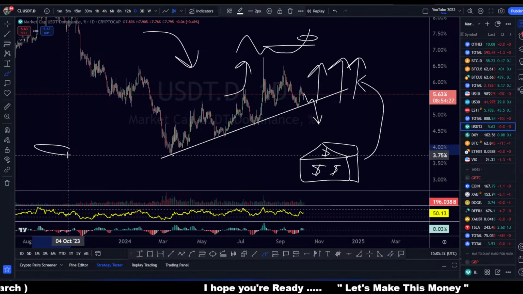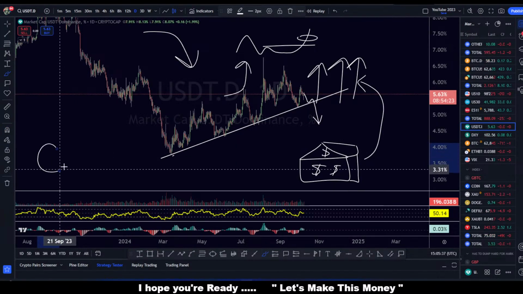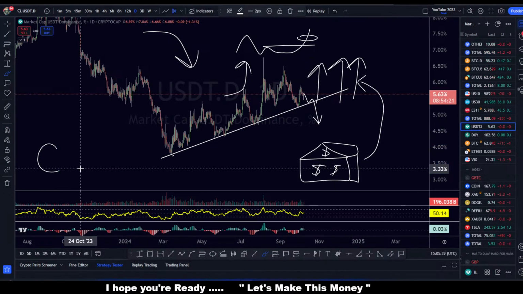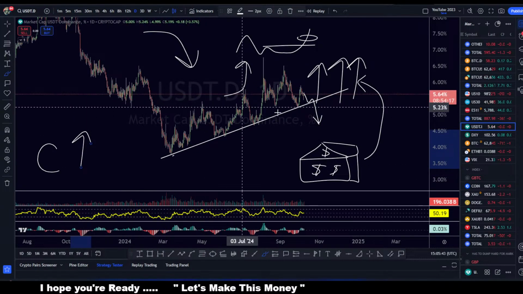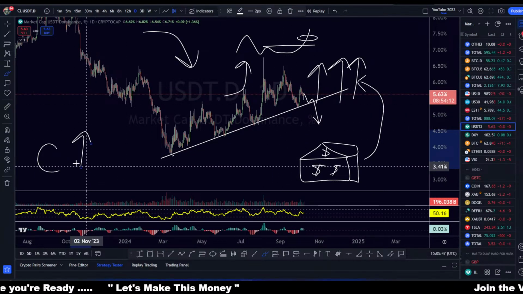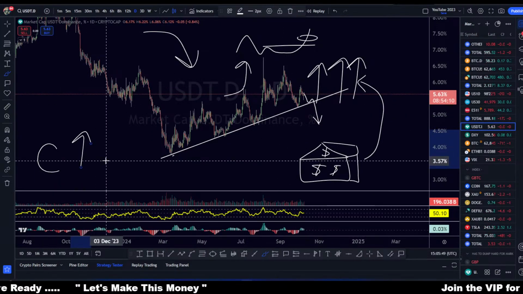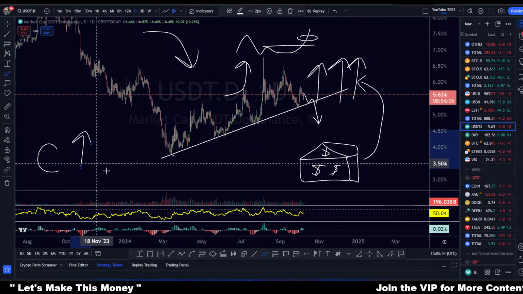Crypto, that's an ugly C, because crypto is going up. That's how I know USDT is coming down, without looking at USDT, because I can see my coins and the entire market in general going up. I don't need to look at this to tell me this.